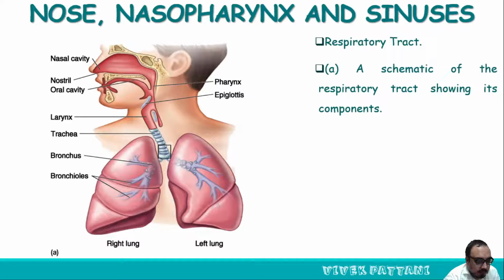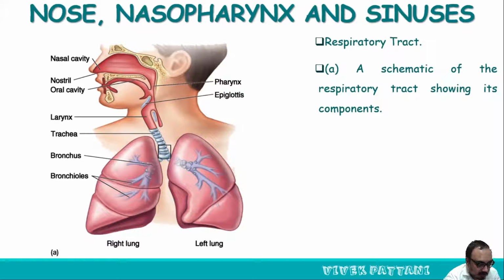These paths branch repeatedly to form small and extensive networks of tubes called bronchioles, which can again be seen in the diagram very clearly. And the terminal bronchioles form tree-like networks ending in cul-de-sacs, which are called alveoli, which is basically not seen in the diagram right now.